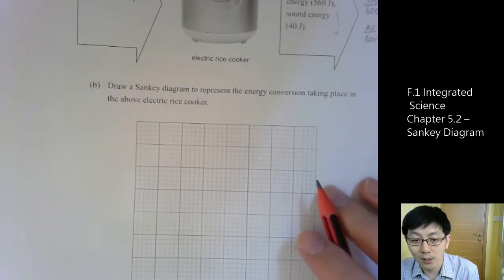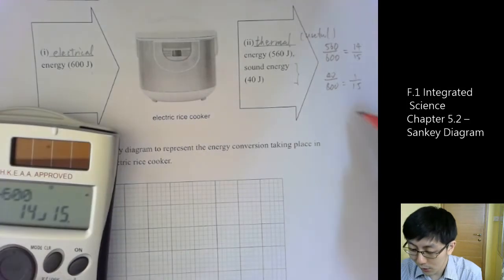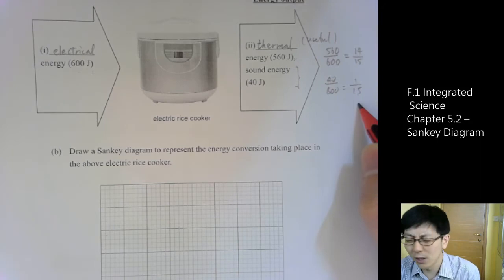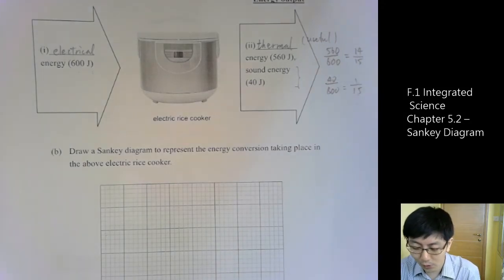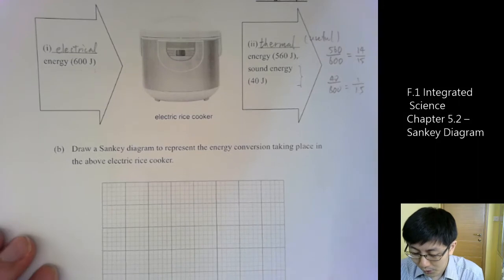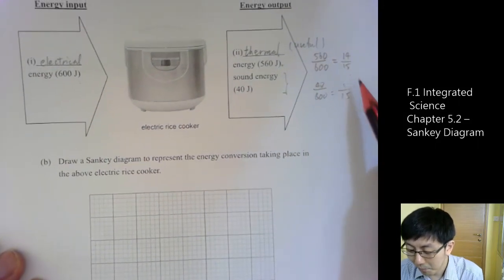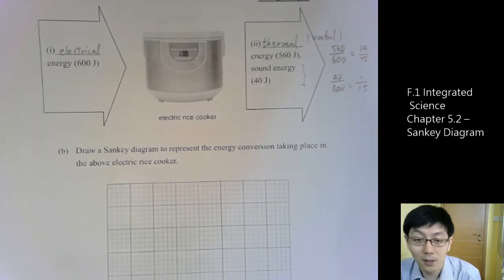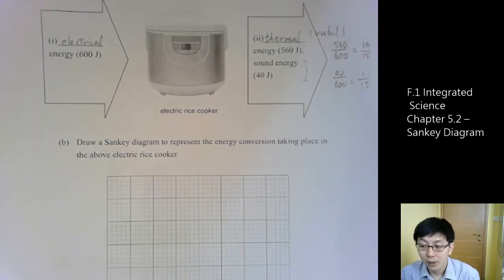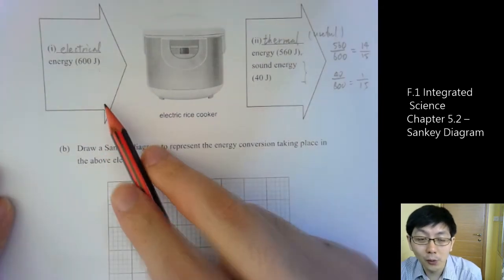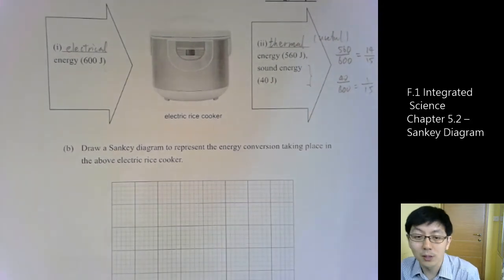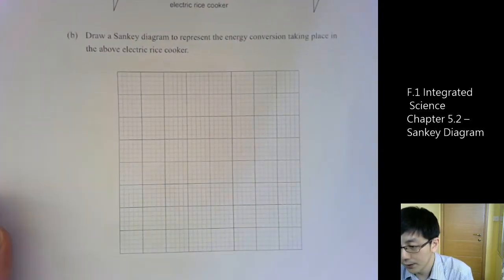Shall we use 10 grids? If 10 grids, 1 out of 15 is one and a half grids, so it's not good. So maybe 15 grids, yes, this will be a good choice. Or even 30 grids, 1 out of 15 of 30 is also a whole number. So I myself will use 30 grids.